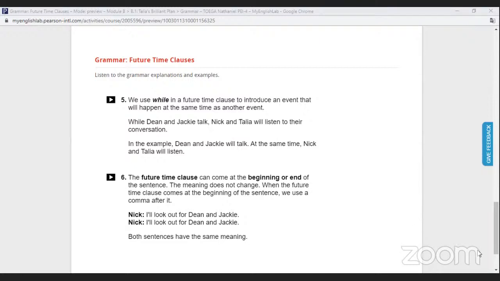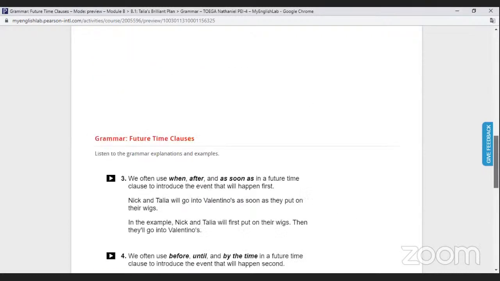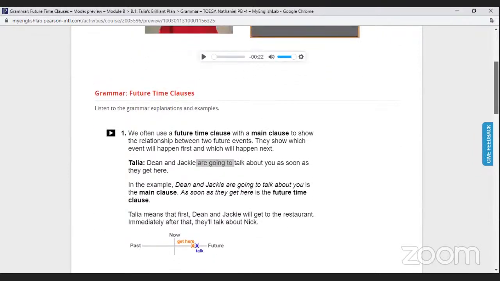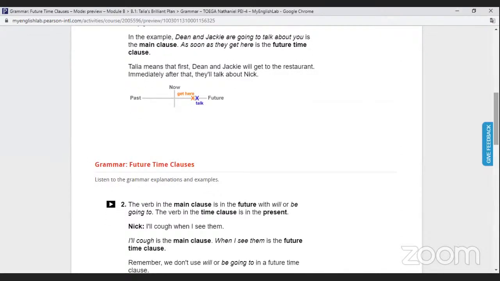Excellent. Okay, Nathaniel. Also, I was thinking how to make comparisons between this part, right? I understand what that point is trying to explain, but I don't see the difference in the two examples. They're the same.